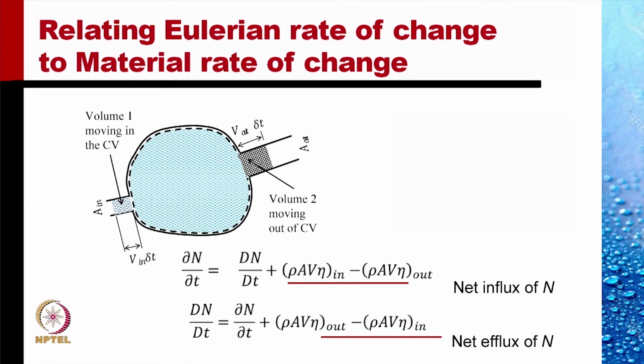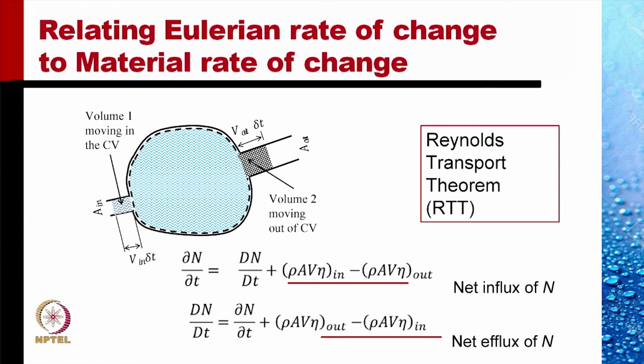This is the net influx of N. And we can write this in an alternate form: dN by dt is equal to del N by del T plus the net outflux of N. This is known as the Reynolds transport theorem, and is a very useful theorem for analyzing fluid flows.